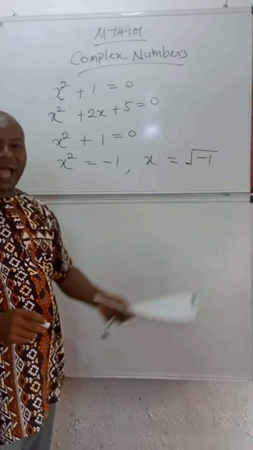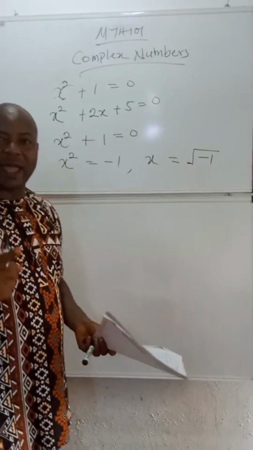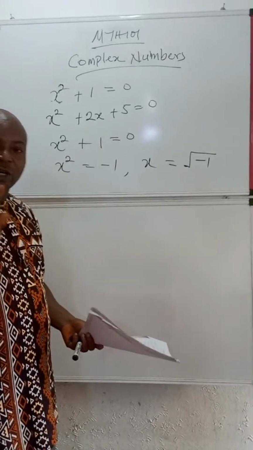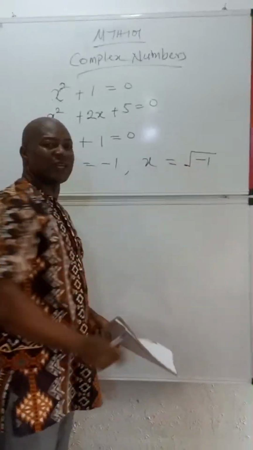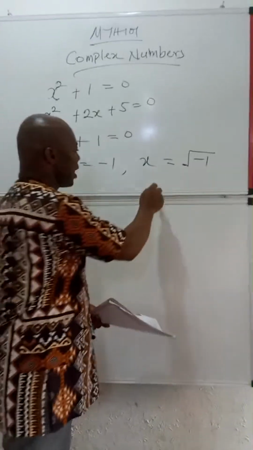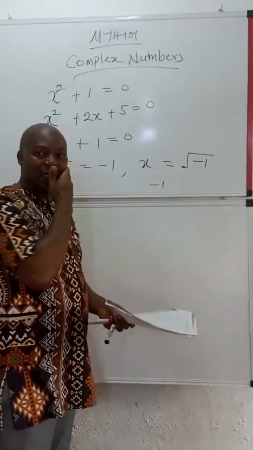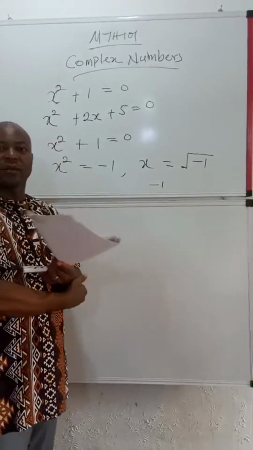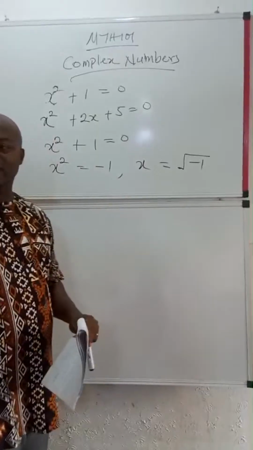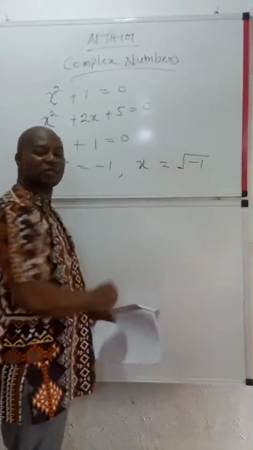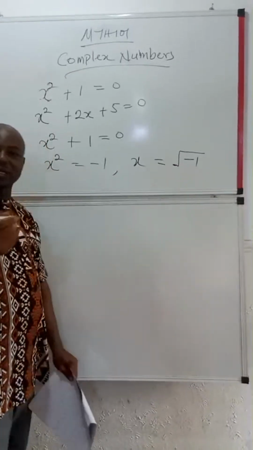Now, you are aware that there is no number in the real number system whose square will give you -1. If that is true, then there is need for us to use a symbol to denote this, so that whenever you see it, you use that symbol.